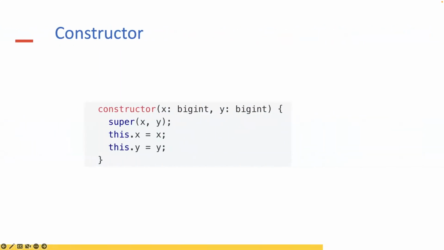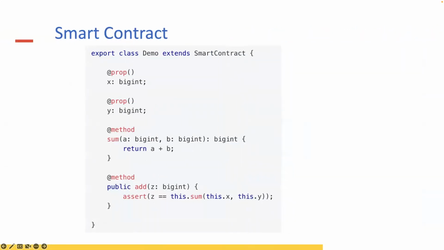We also talked about the constructor, and a hello world smart contract we showed last time, which, if you're coming from JavaScript/TypeScript, is hopefully very intuitive and readable to you. So today I'm going to continue this series to cover more syntax and also some of the more domain-specific things when you write a smart contract using scriptTS.